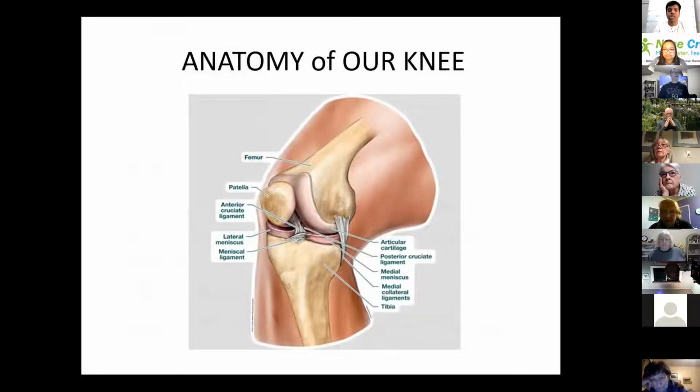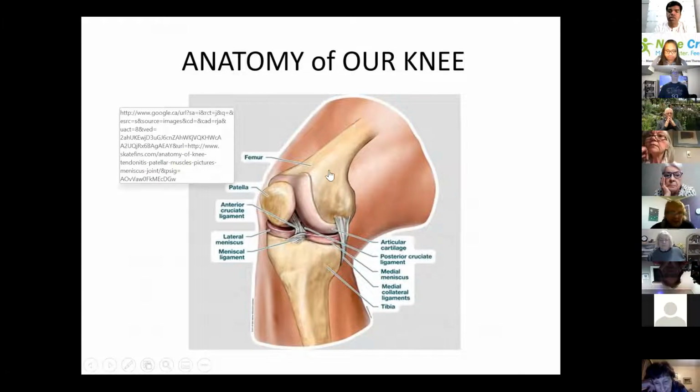Okay, so let's look at the structures of the knee, and we are going to keep it very simple. As we see in the picture here, the top bone is called the thigh bone, the femur, and the leg bone is the tibia. There is a small bone in between, called the patella.